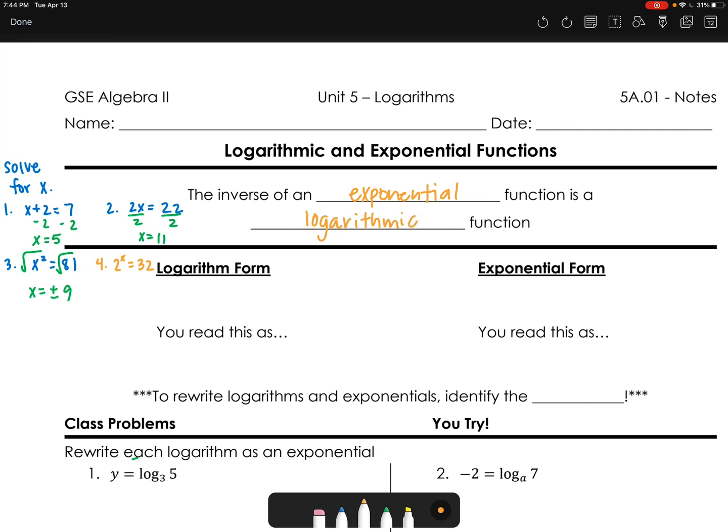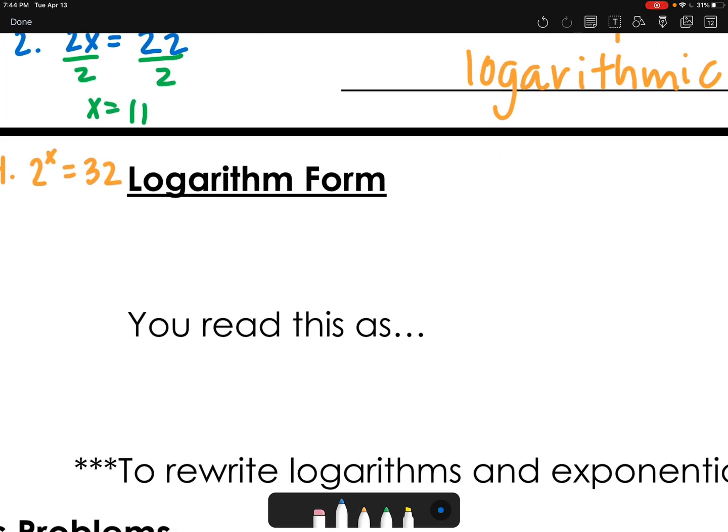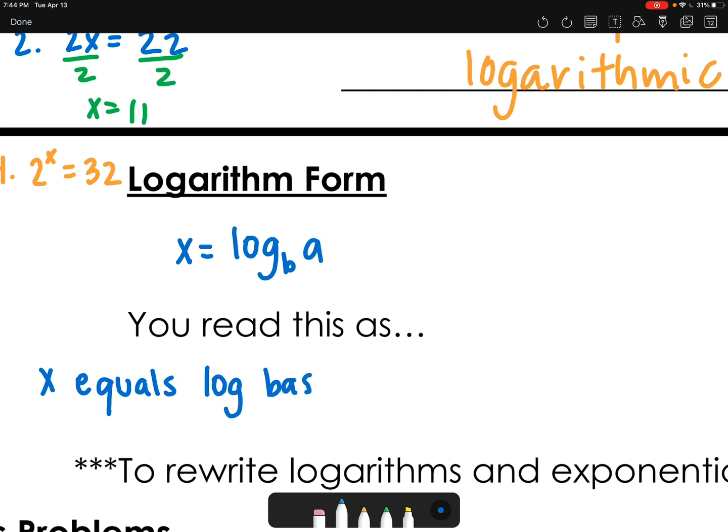Okay, and so we're going to look at logarithmic and exponential functions and how you can switch forms and write in between them. And so the first thing I am going to write down here is the logarithmic form is x equals log base b of a. So how you say this is x equals log base b of a.